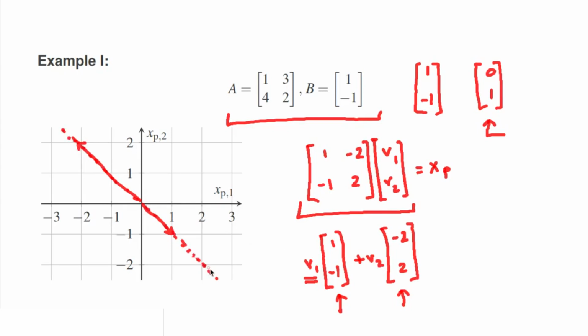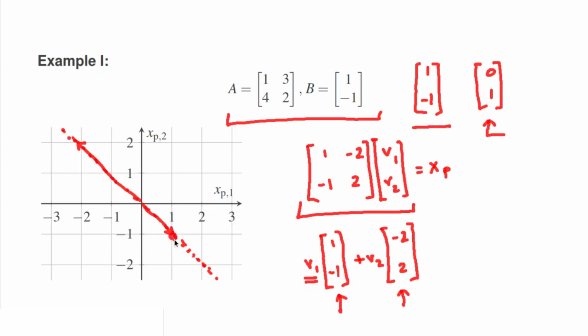And now we see the issue. Since the vectors associated with both columns are pointing along the same line, no matter how we choose v1 and v2, we can only obtain a point that lies somewhere along this line. This perfectly explains why the point with coordinate 1, -1 was reachable. Let's plot the point 1, -1 on the set of axes.